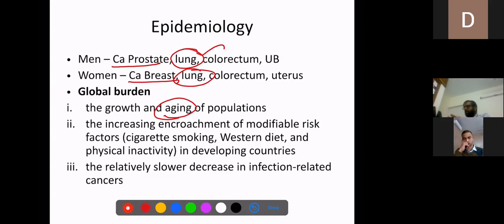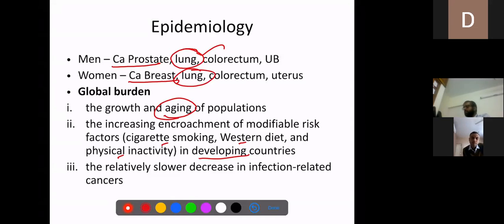And regarding the developing countries, there is increasing encroachment of modifiable risk factors like cigarette smoking, Western diet, and physical inactivity, leading to obesity and other problems, which may lead to an increase in the number of cancers. These are the reasons why the global burden of cancer is increasing.